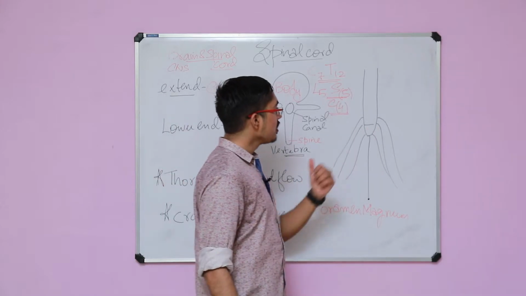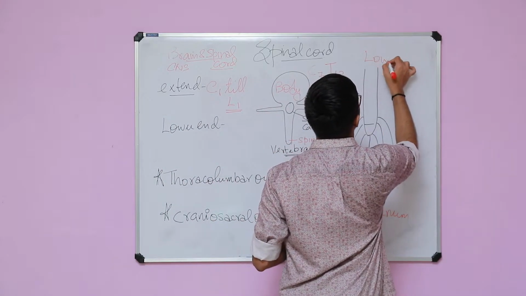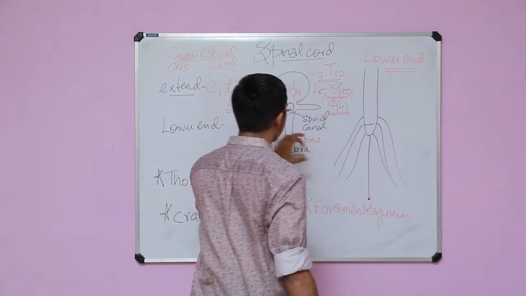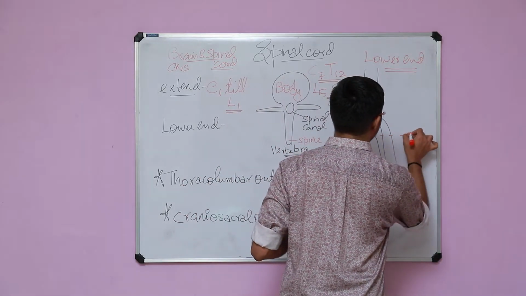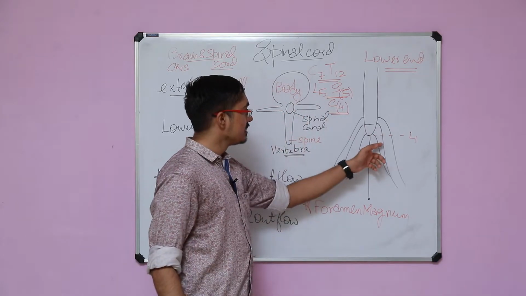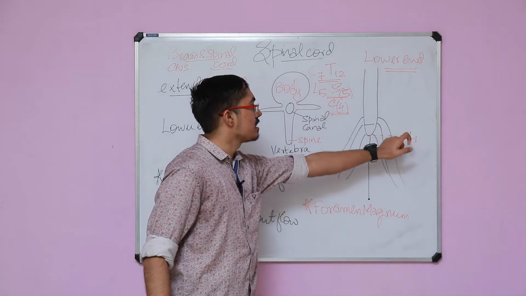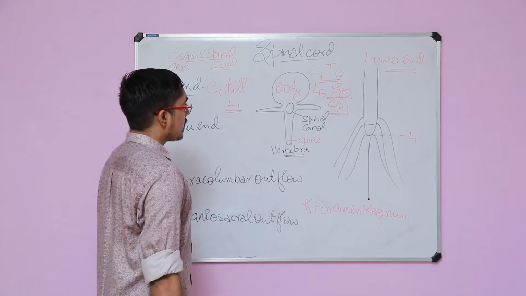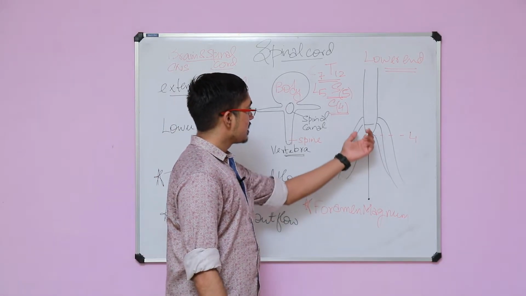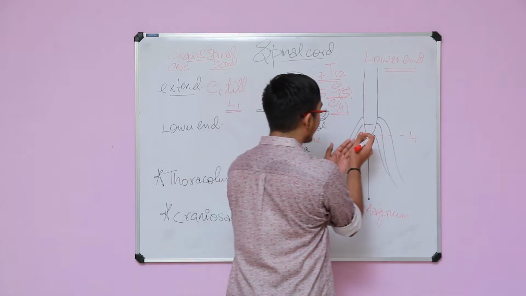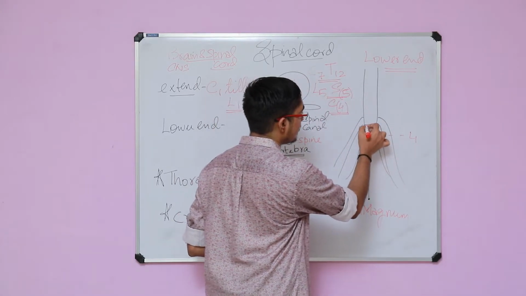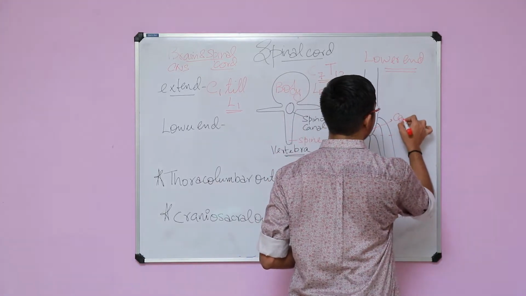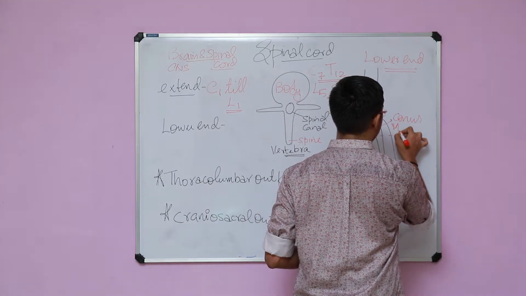This is the lower end, this is how we represent the lower end of the spinal cord, and it is this level which is L1, that is the first lumbar vertebra, where it will be ending in the case of an adult. Right, now you can see certain structures which are coming out of here. So at the level of ending, you can see there is an enlargement. This kind of enlargement is called the conus medullaris.